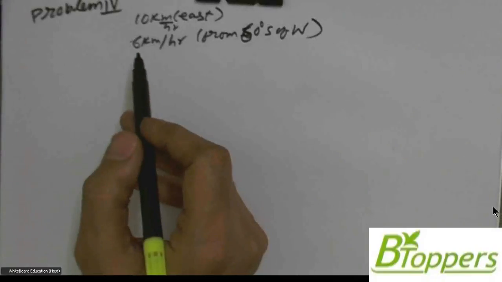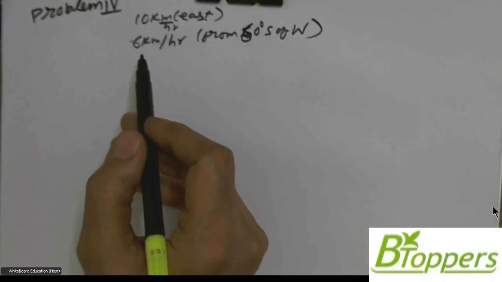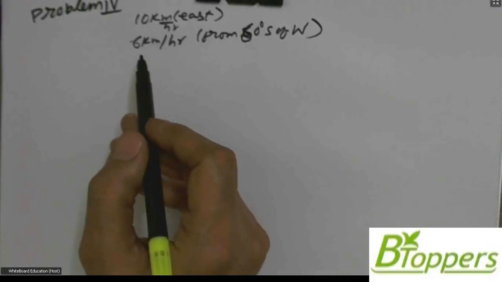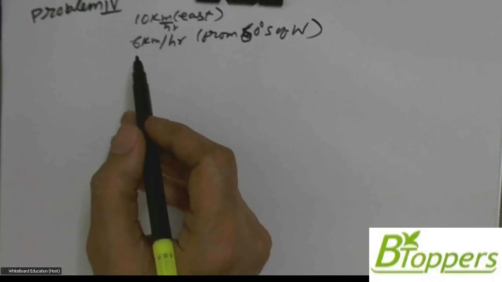You are asked to find the magnitude of the actual velocity of the wind. It means you are not given the actual velocity of the wind.